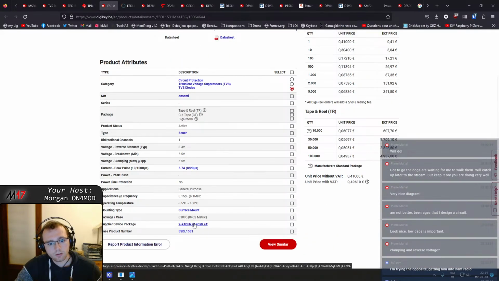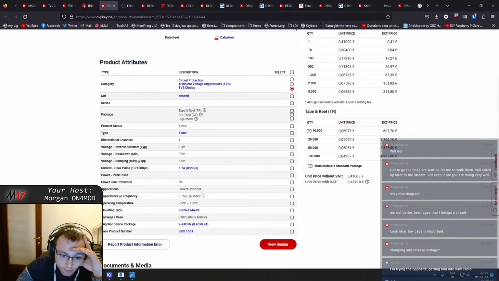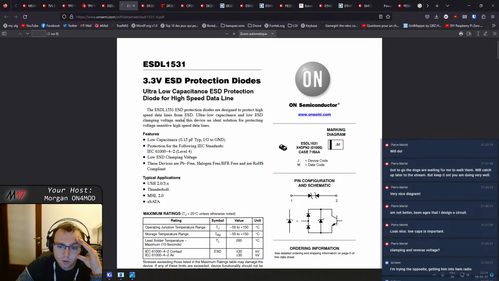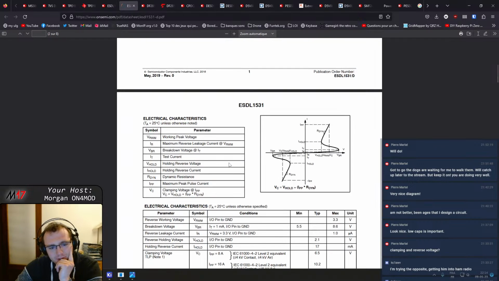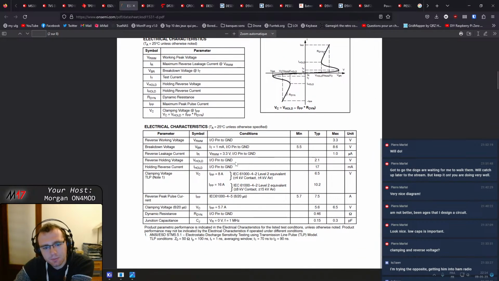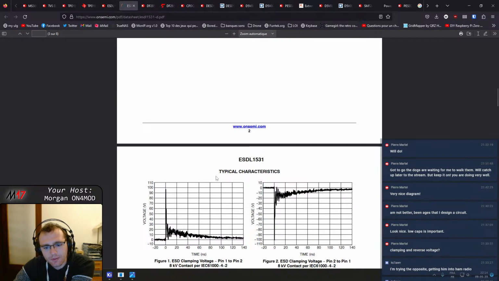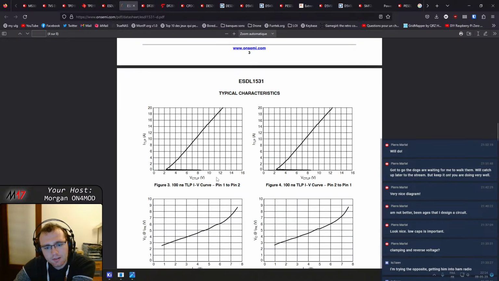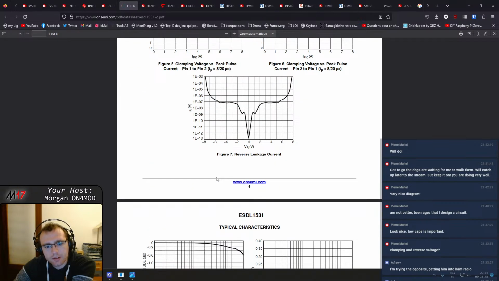This one is 0402 metric, so this is even smaller than 0201. This is ridiculously small. We can't have that in this project. It's just a particle of dust.